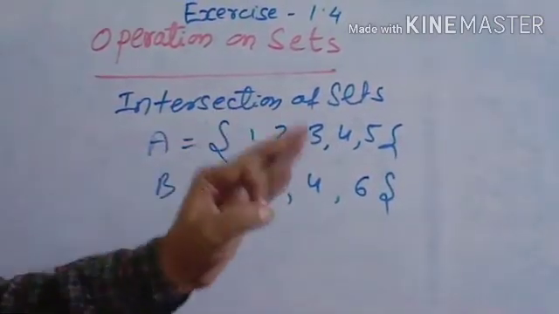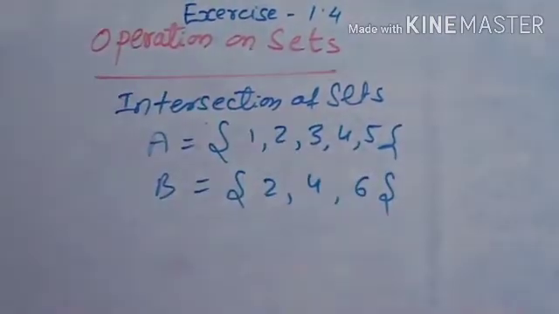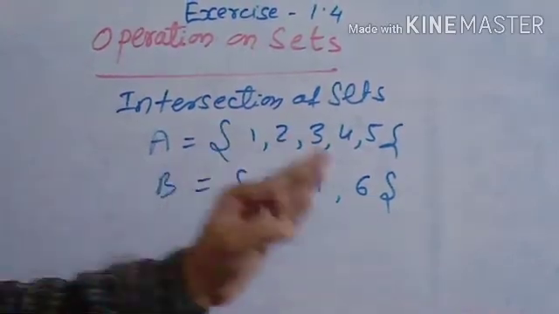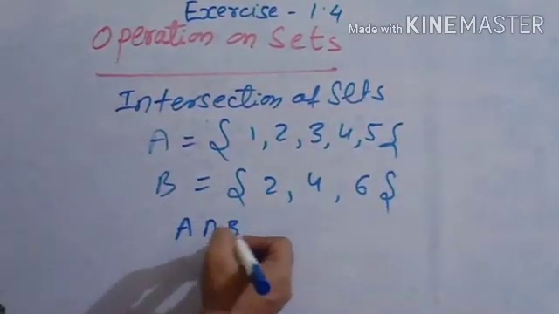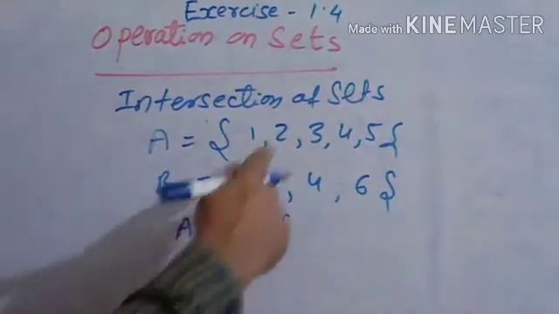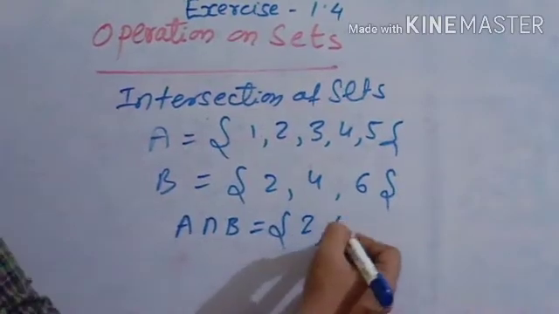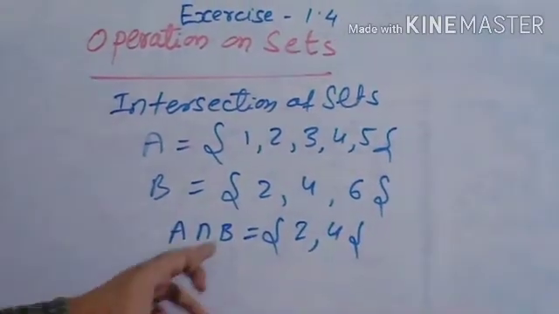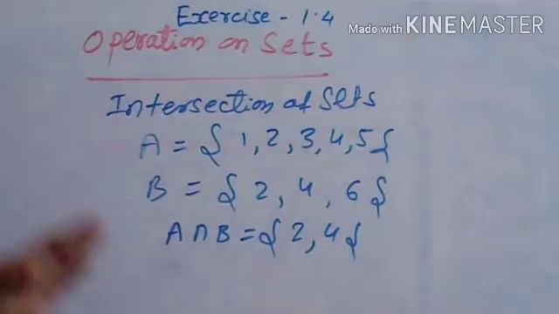Common elements means the same elements in both sets. A intersection B is equal to 2 and 4.